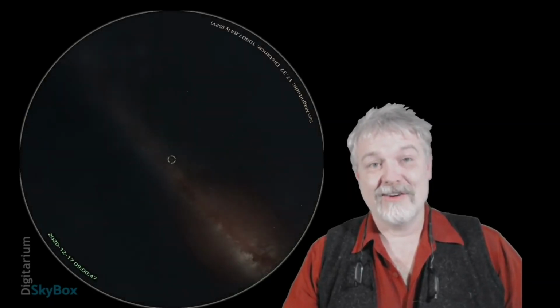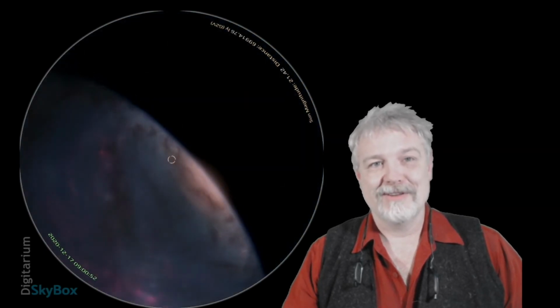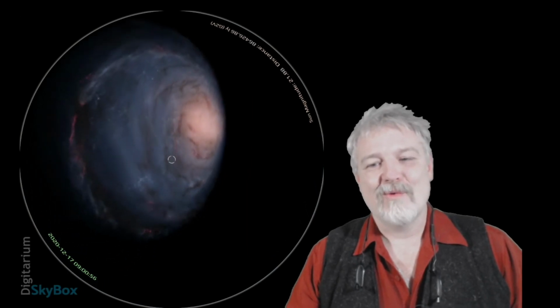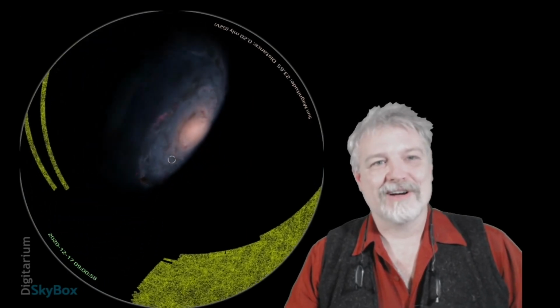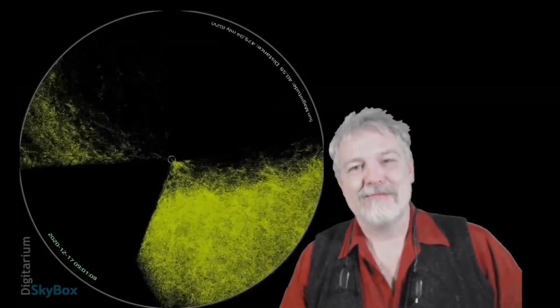So we'll fly out of our Milky Way, show a model of the Milky Way behind us. As we fly out even farther, we can show the different galaxies in the Sloan Digital Sky Survey and fly all the way out to the cosmic microwave background radiation.